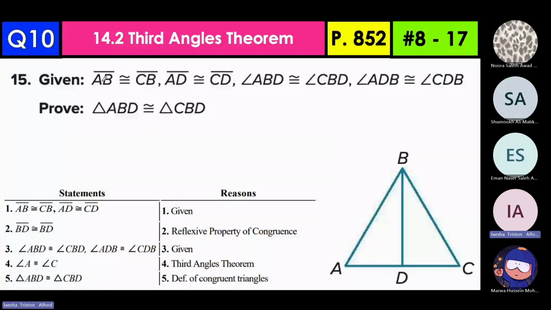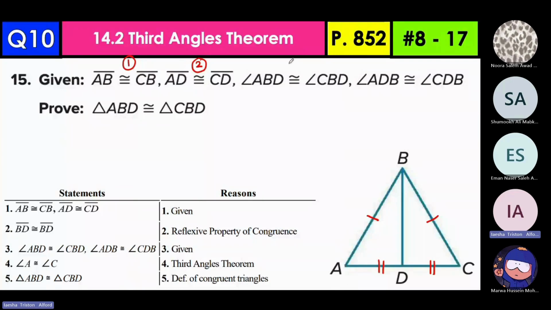Mark the givens, right? So AB is congruent to CB. Here's a line, here's a line. So that was given number 1. Given number 2, AD is congruent to CD. So this is AD, this is CD.